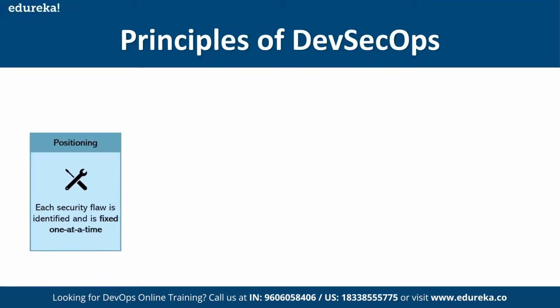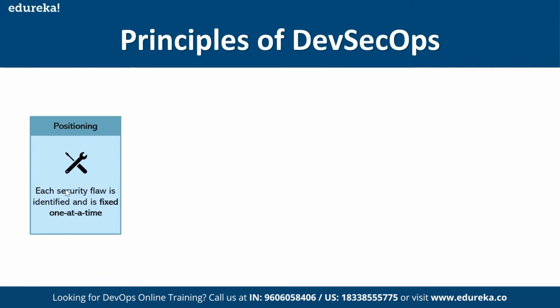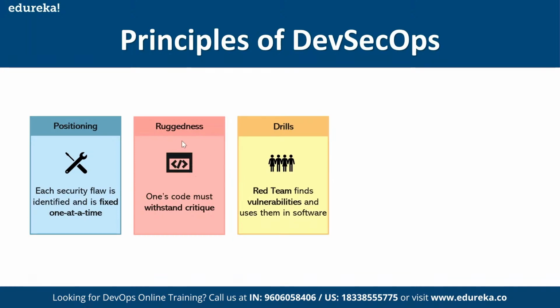Now, principles of DevOps: positioning. Each security flaw is identified and fixed one at a time. Whether it's development level flaws, deployment level flaws or infra level flaws, they should be found and fixed. Ruggedness: one's code must withstand critique.